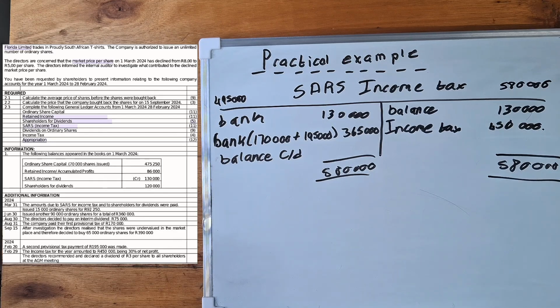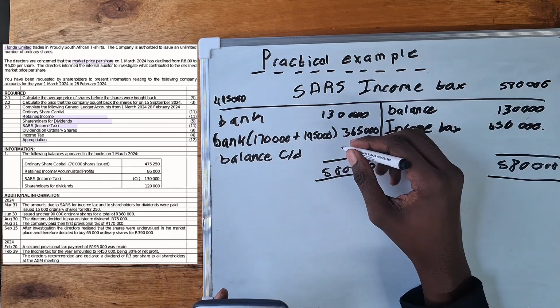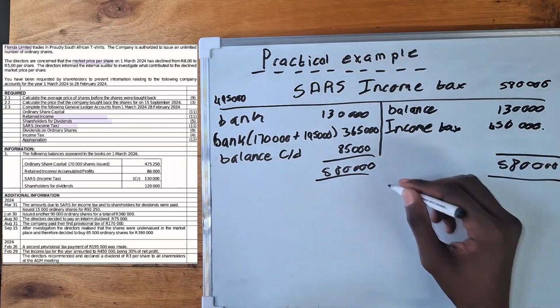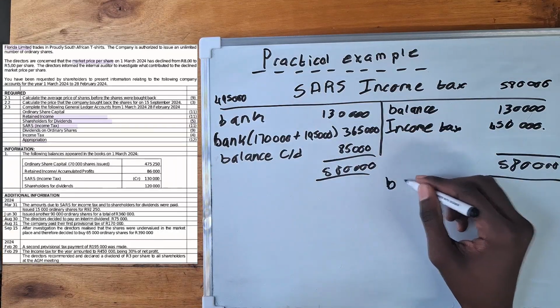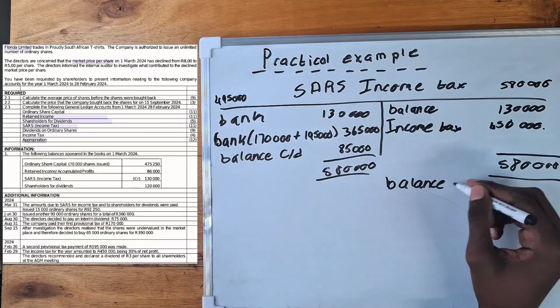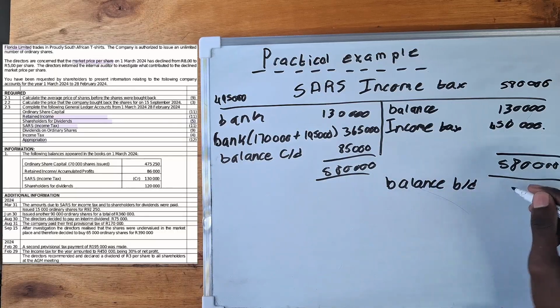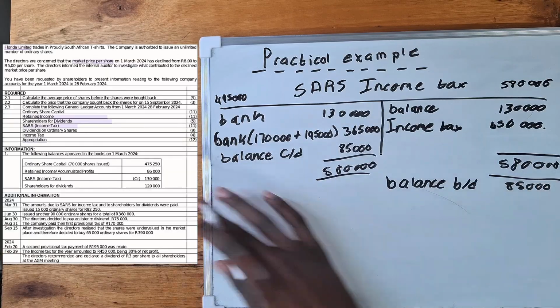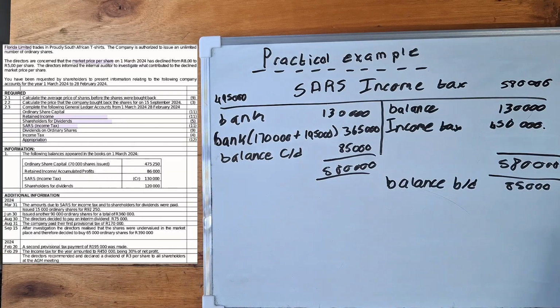Then this should give us 85,000. You write it here. Then you write it here also, right? Just write balance brought down, and then you write your 85,000 here, just like that. Full marks for this part of it, right?